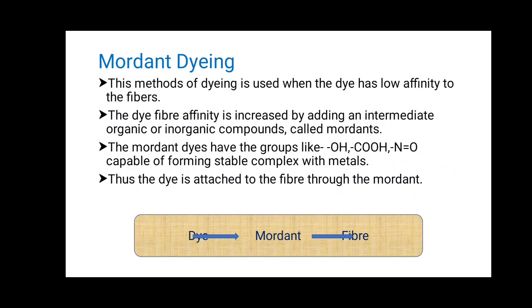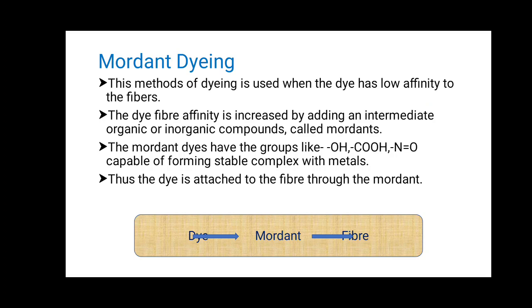Next, mordant dyes. This method of dyeing is used when the dye has low affinity to the fiber. Mordant dyes are used when the dye molecule has low affinity to the fiber. Affinity means attraction between the dye molecule and the fiber.